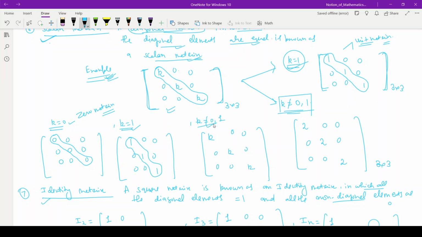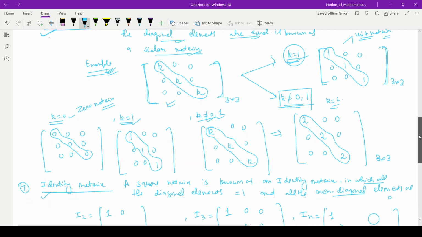If k is neither 0 nor 1, then this type of matrix will be formed where all the principal diagonal elements are equal to k. For example, if I am setting here k equal to 2, then it is a scalar matrix where all the principal diagonal elements are equal, but those are not equal to 0 or 1.